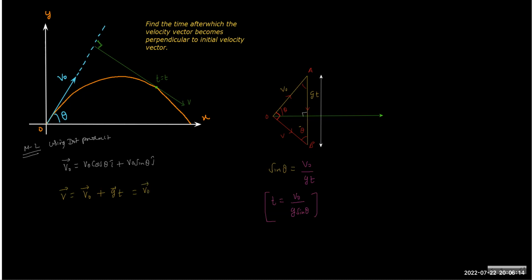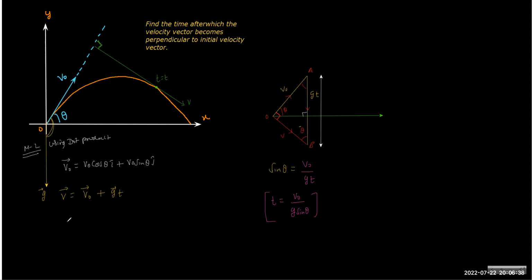I'll show you two ways. This is the easier one. And what is the angle between the V naught vector and the G vector? Can you guess? Let me draw it tail to tail. What is the angle between the G vector and the V naught vector? 90 plus theta. Very good. So you have done everything.